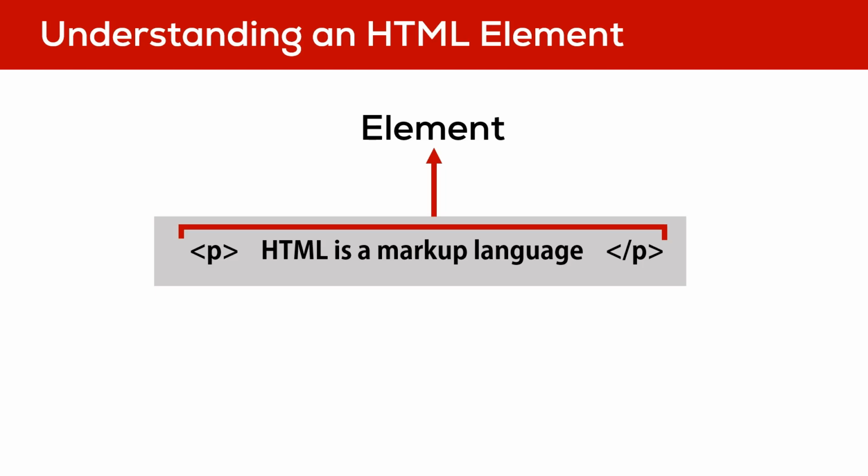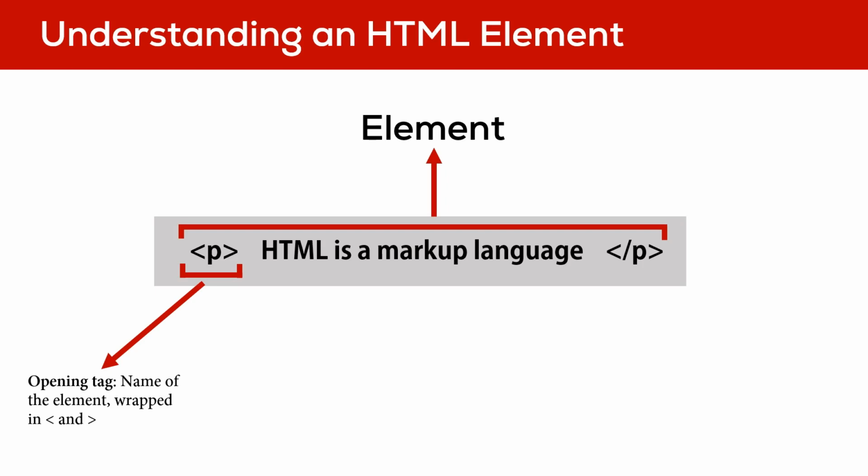The first part is the opening tag. The opening tag usually is the name of the element. As you can see in this example, P is the paragraph and is the name of the element. So it consists of the less than, the P, and the greater than.